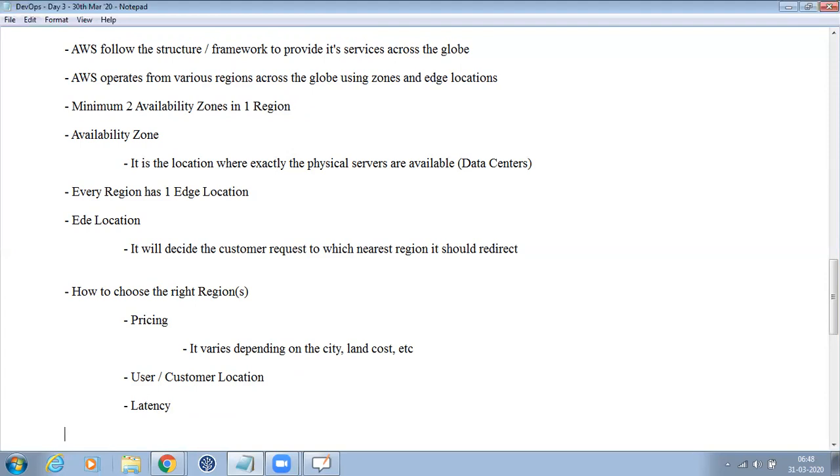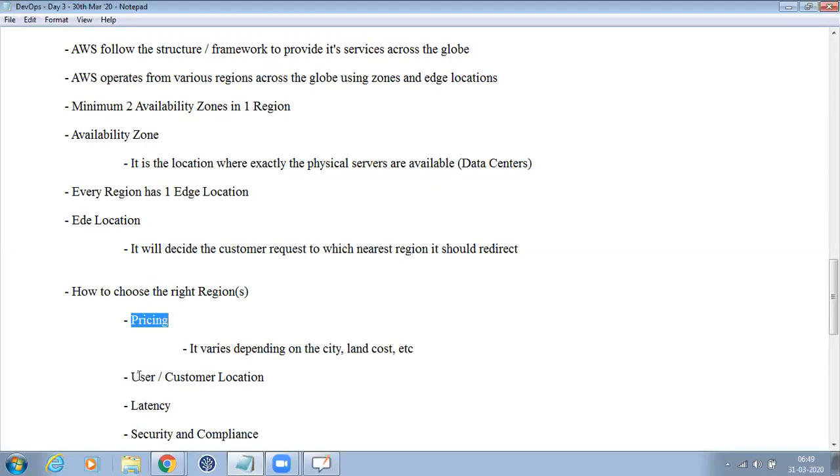Next, there is another factor, right? I should also see the main point, security and compliance. This also should be considered. I have to see the cheapest price, cost effective, on choosing the region, or I can say on selecting a particular location in a region.